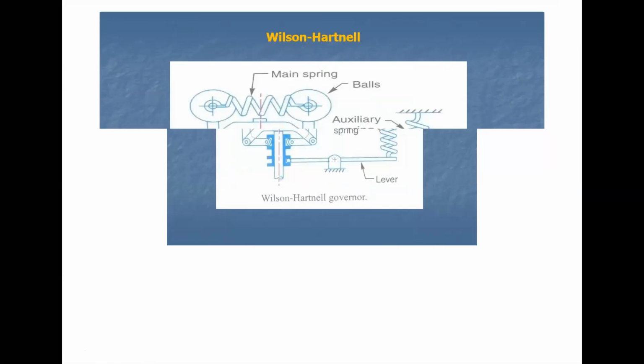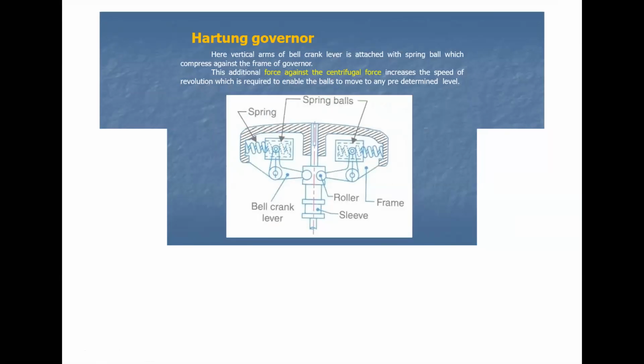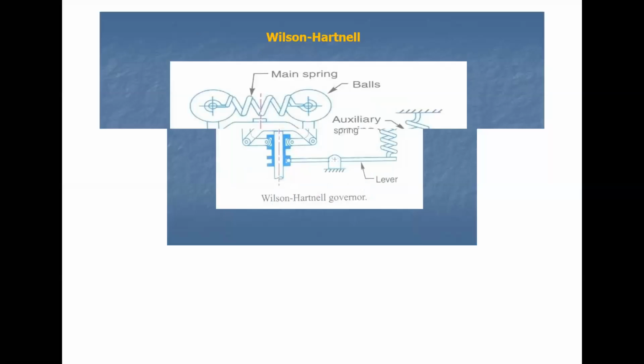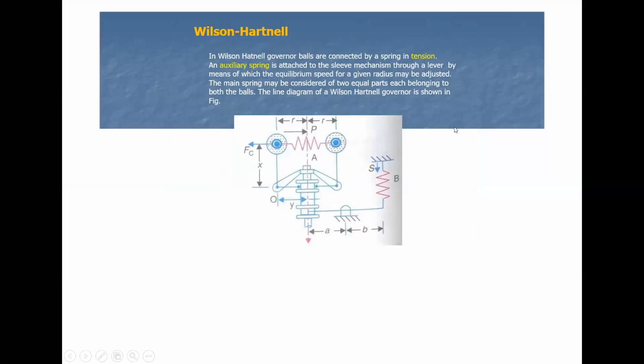Now we will observe the Wilson-Hartnell governor. I will also tell you the small derivation belonging to the Hartnell governor. Before that, just observe what arrangement is there in the Wilson-Hartnell governor. This is the shape.